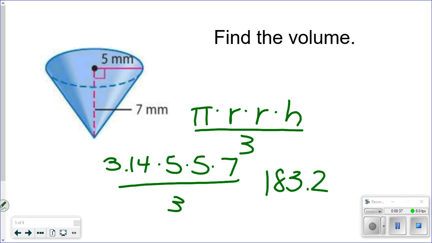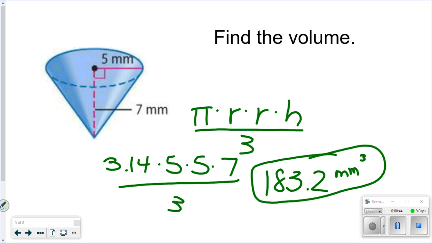I'm rounding to the nearest 10th, by the way, but it was millimeters. If you're not sure, ask me, I'll let you know.